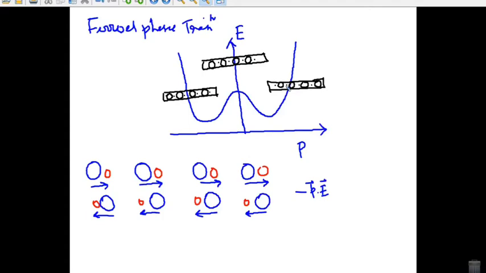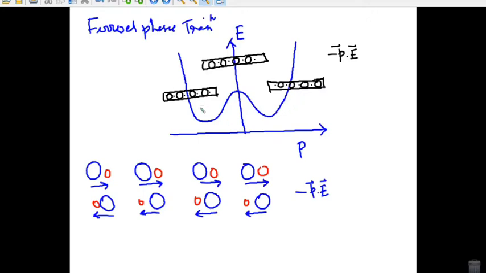In an electric field E, the two stable states no longer have the same energy because of the electric polarization energy minus P dot E, right? The wells are tilted by the electric field.